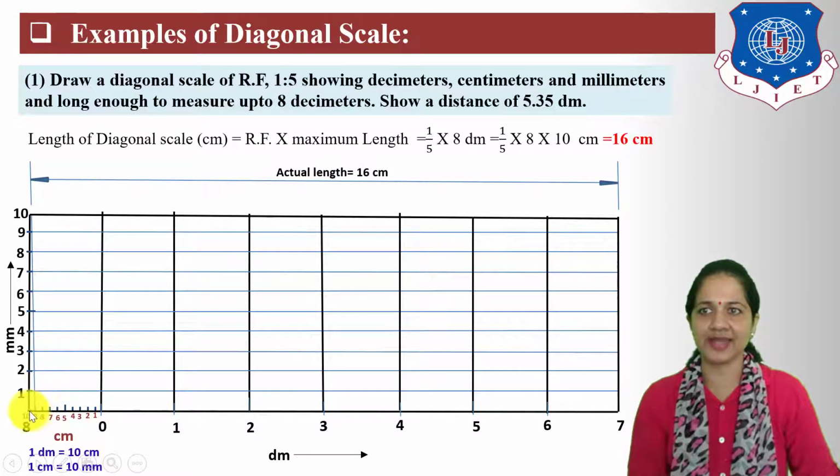So connect 9 centimeter and maximum point 10 millimeter diagonally. Next, draw diagonal lines parallel to this first diagonal line passing through all divisions of this centimeter.